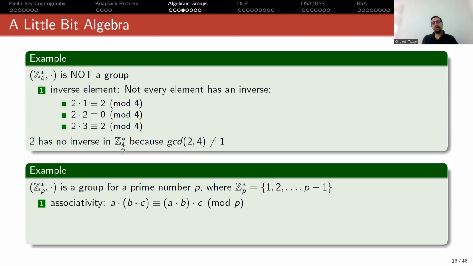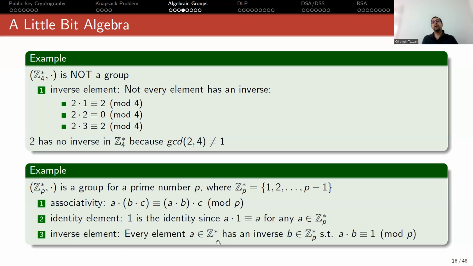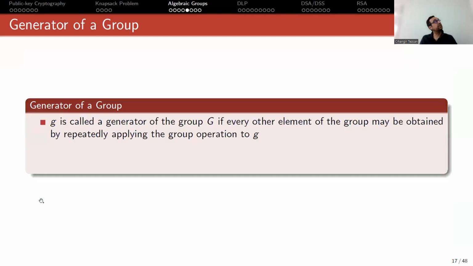Again, it satisfies associativity. 1 is the identity element, and now every element has an inverse because the greatest common divisor of a with P would be equal to 1. Of course I have to prove it, but I'm just telling you, you can use number theoretical arguments to show that this is the case. This is why generally we deal with prime numbers in terms of group elements or field sizes. So Z P star is something you should be familiar with.